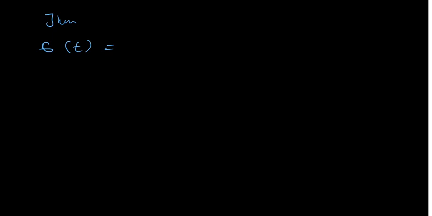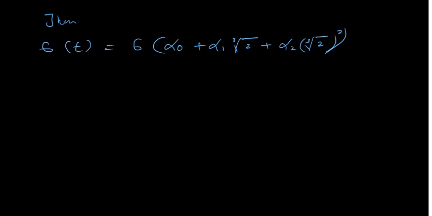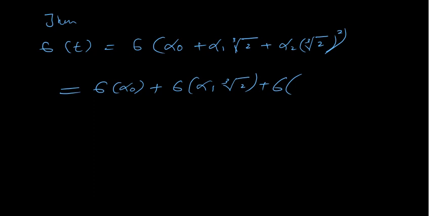Sigma is an automorphism, so sigma of T is sigma of alpha naught plus alpha 1 cube root of 2 plus alpha 2 cube root of 2 squared, where alpha naught, alpha 1, alpha 2 are in F, they are rational numbers. Now since sigma is an automorphism, it is sigma of alpha naught plus sigma of alpha 1 cube root of 2 plus sigma of alpha 2 cube root of 2 squared.